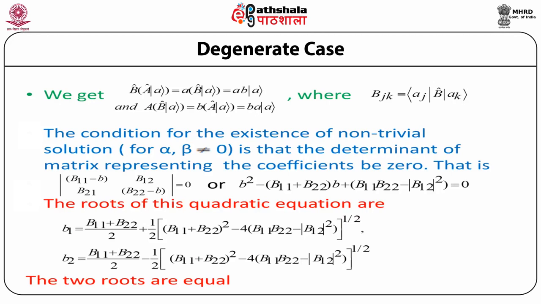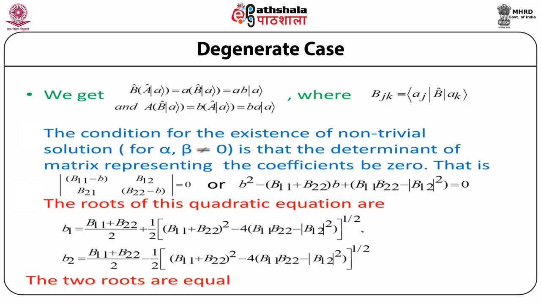Now, the condition for the existence of non-trivial solutions, that is, solutions for which alpha and beta are not equal to 0, is that the determinant of the matrix representing the coefficients be 0, that is, the matrix with elements B11 minus B, B12, B21 and B22 minus B is equal to 0.